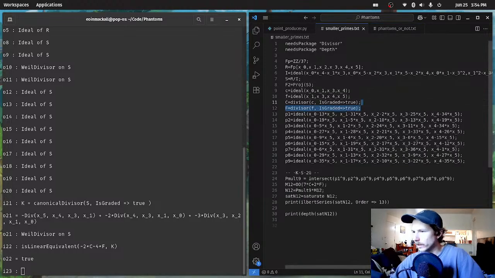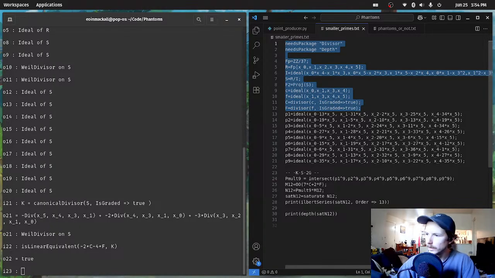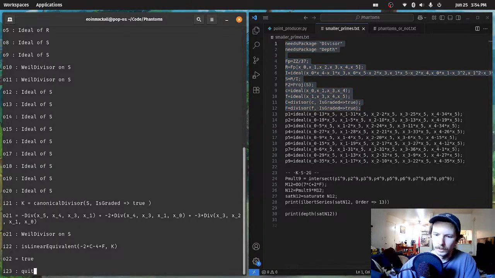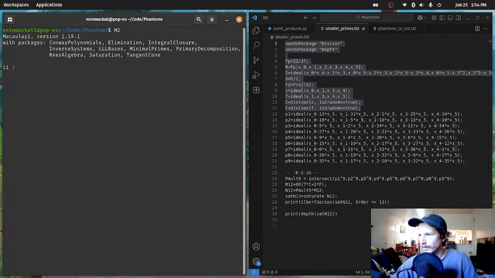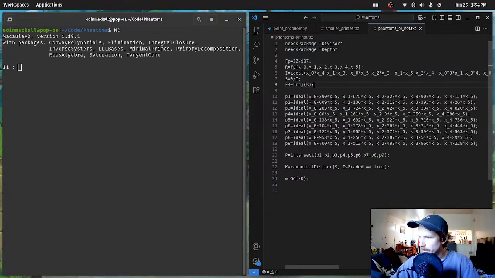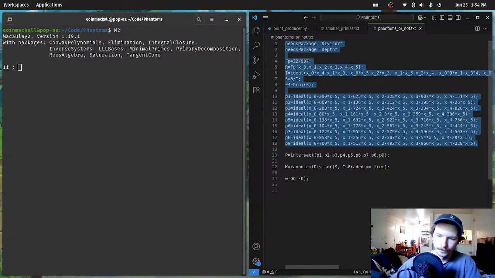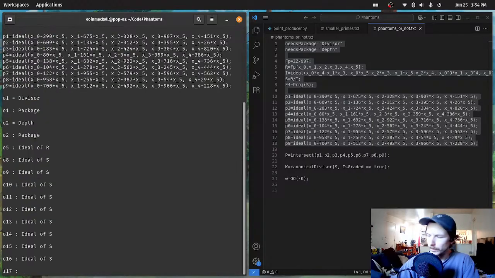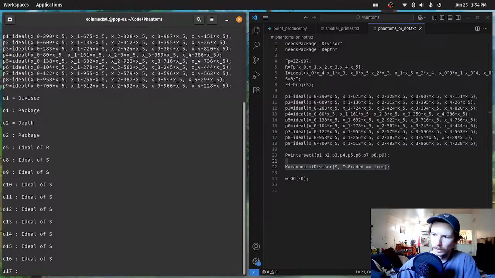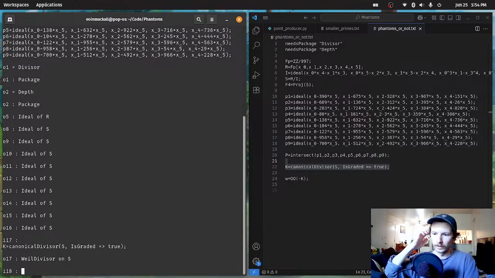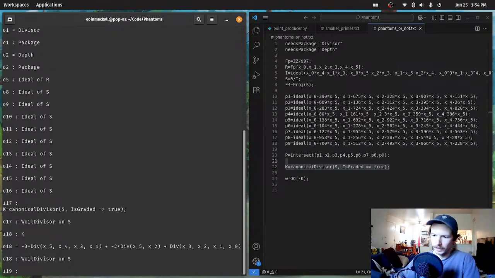What I think is weird is, okay, so let's quit this and restart it. And so now I'm going to load in effectively what should be something very similar. Okay, actually, what is K?